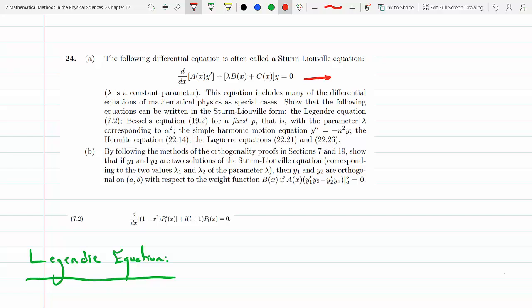If I differentiate this, using the product rule on the first term, I will get first a(x) y double prime, and then plus a prime(x) times y prime, and then the last term is lambda b(x) plus c(x) times y, and this whole thing equals 0. It probably just becomes easier for identifying the functions.